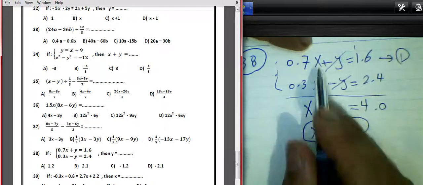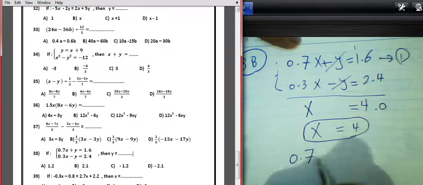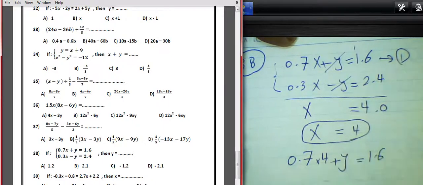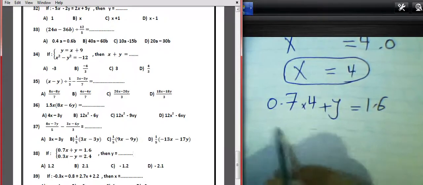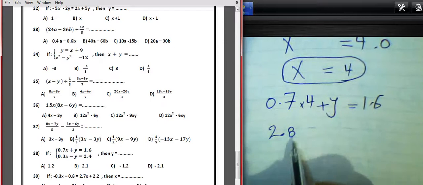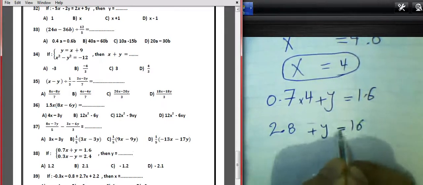Let x equal 4. 4 times 0.7 plus y equals 1.6. So 4 times 7 equals 28, but the point goes after one digit, so the result is 2.8 plus y equals 1.6.